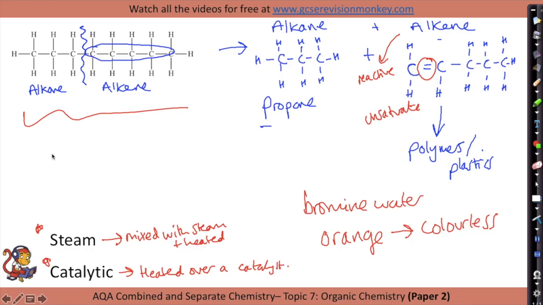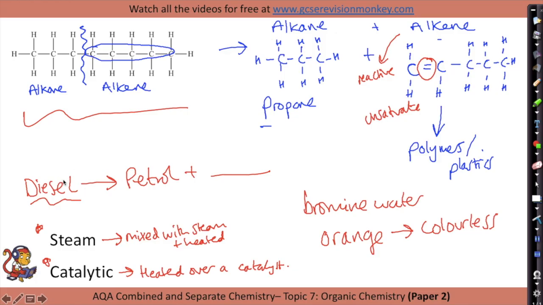One way that cracking, for example, can be useful is linked to the 2 products we talked about before, which were diesel and petrol. Diesel, we said, was a longer chain hydrocarbon, so we could potentially crack diesel to make petrol and other products as well. And why we might need to do this?